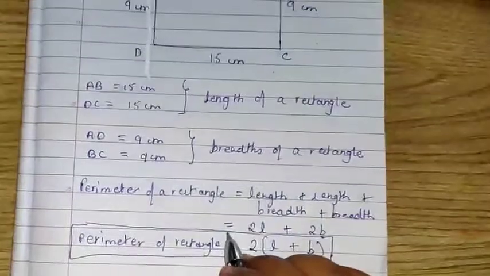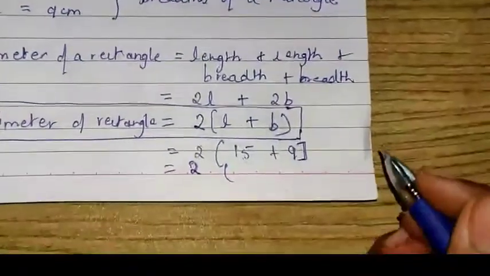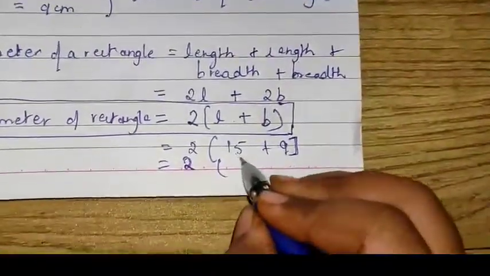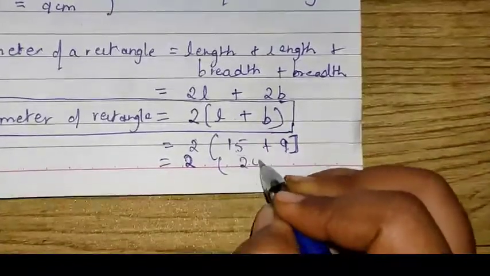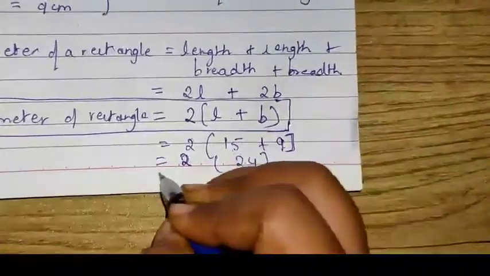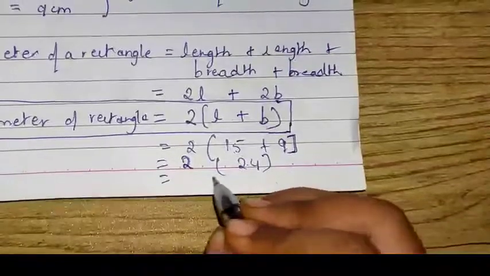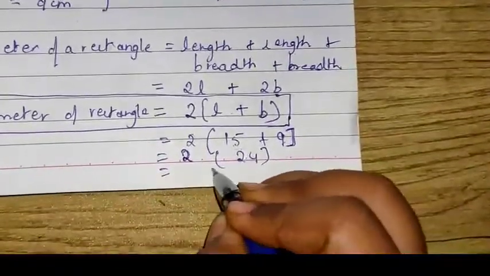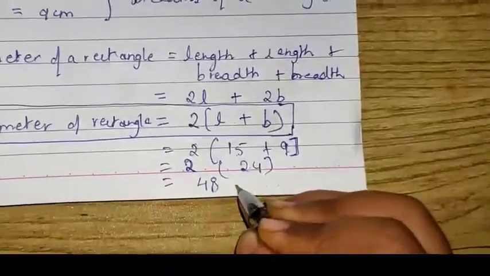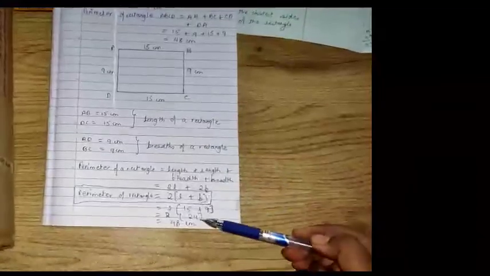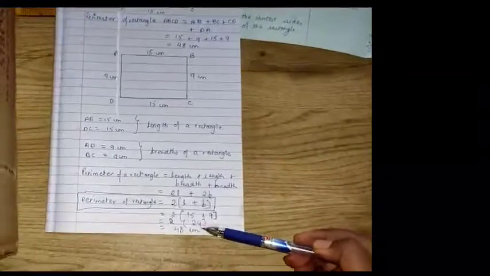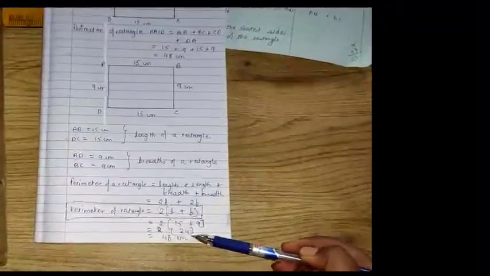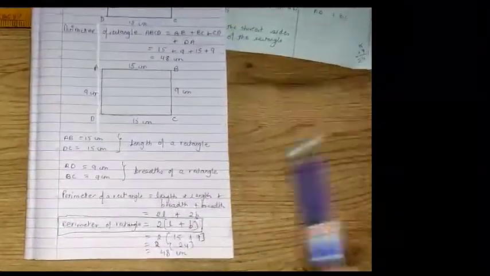Let's substitute the values. After substituting the values and adding length and breadth, we get 24, and after multiplying 2 with 24, we get 48. Remember to put the unit. So we have 48 centimeter, and we also had 48 centimeter before. So this is the simplest and quickest way to find the perimeter of a rectangle using a formula.